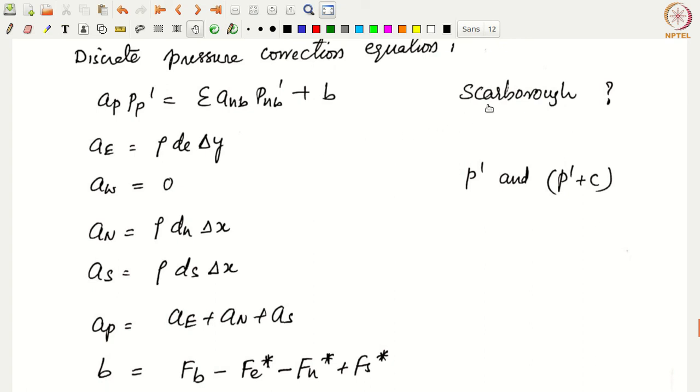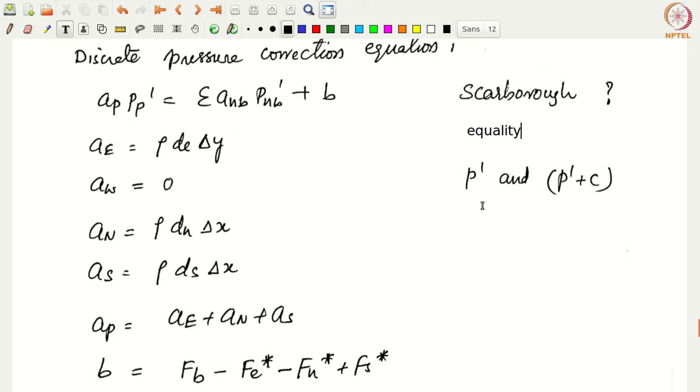Now, does it satisfy the Scarborough criterion? Yes, it does, but it only satisfies it with equality, because a_P equals sigma a_NB. In the absence of source terms also it only equals this. Because of this property, a_P equals sigma a_NB, at convergence b goes to 0, so both P prime and P prime plus a constant are solutions.